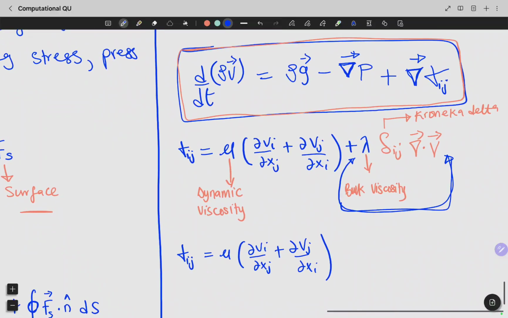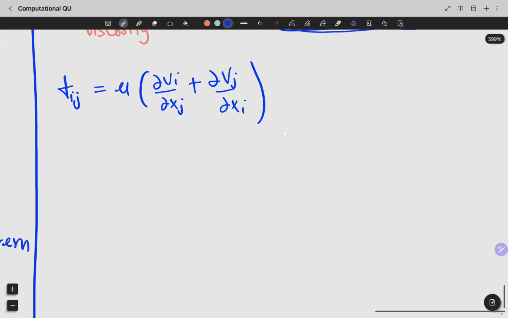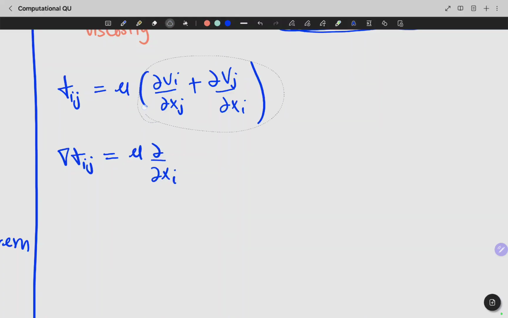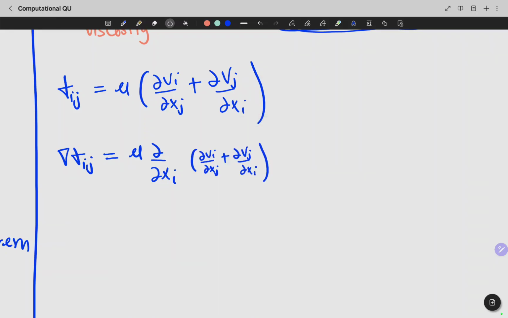And the fact that we need to take the gradient here, we can apply it before we substitute back into the equation. So the gradient of sigma ij would be mu d by dxi of all of this, let's say d by dx, d by dy. Let's say the i is for the x and the j is for the y, and plus mu d by dxj of the same.